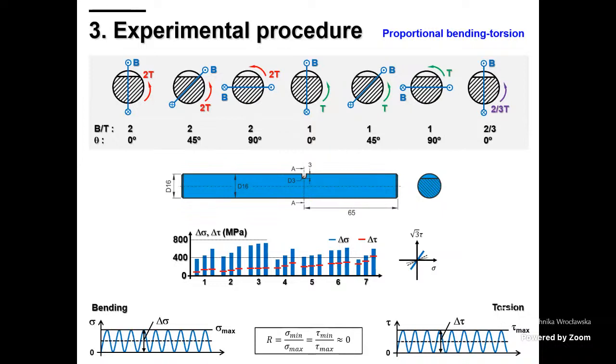We considered a solid cylindrical geometry with a U-shaped notch, and we tested it considering 7 different loading scenarios: 3 ratios between the bending and torsion moment, 2, 1, and 2/3, and 3 orientations of the bending moment with respect to the notch root, 0 degrees, 45 degrees, and 90 degrees. The tests were conducted under pulsating loading conditions, and for each case we considered at least 3 different stress levels.